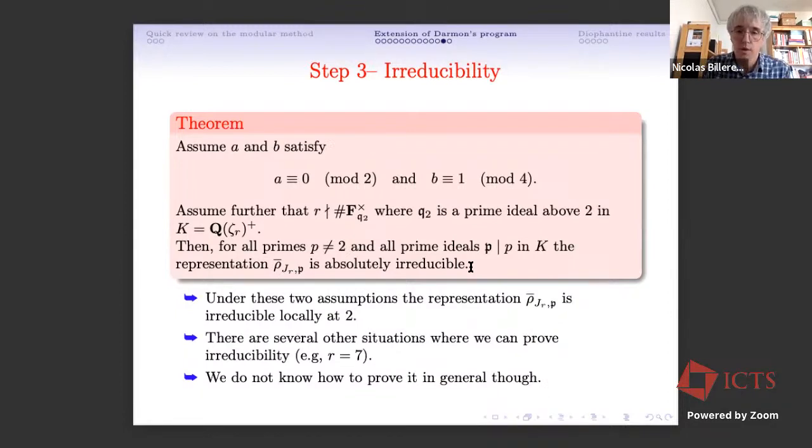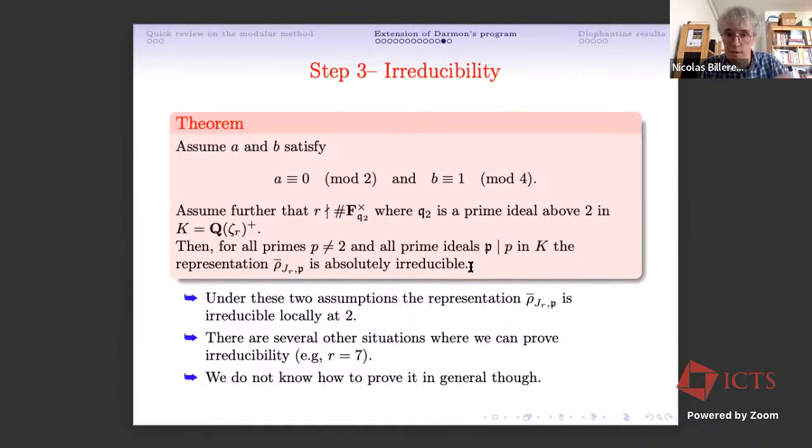And how does it work? Actually, under these two assumptions, what we are able to prove is that the representation is already irreducible locally at 2. And so we get that it has to be irreducible. And there are other situations, several other situations where we can prove irreducibility. For instance, for R equals 7.